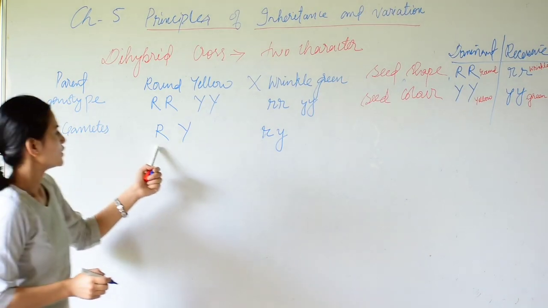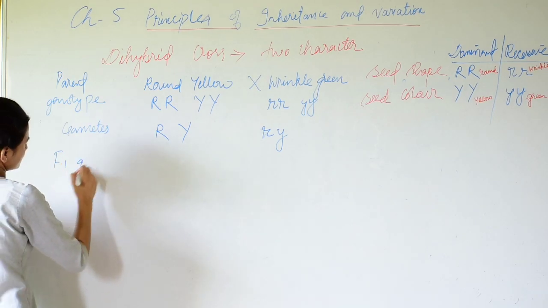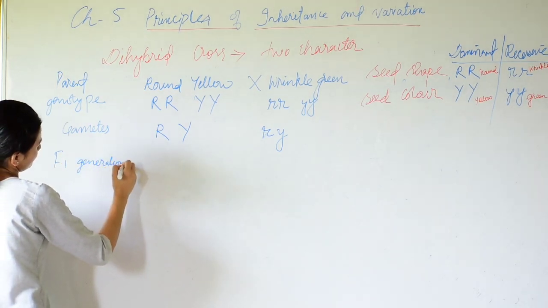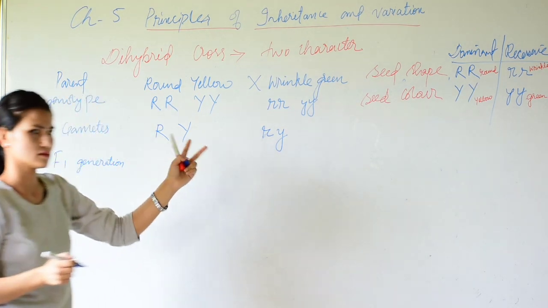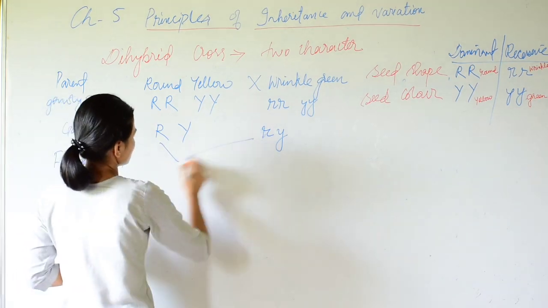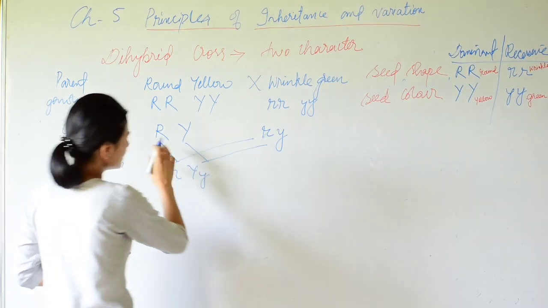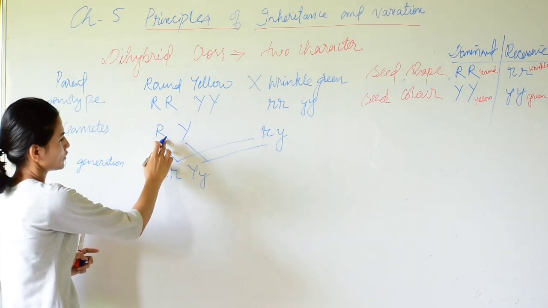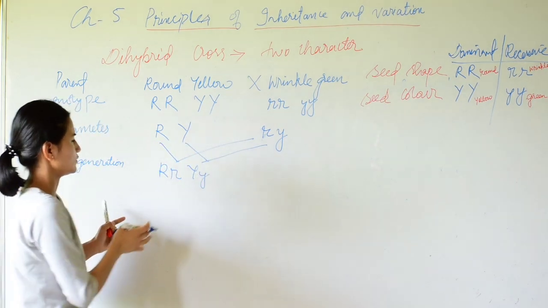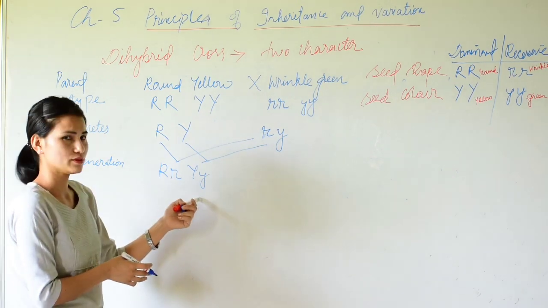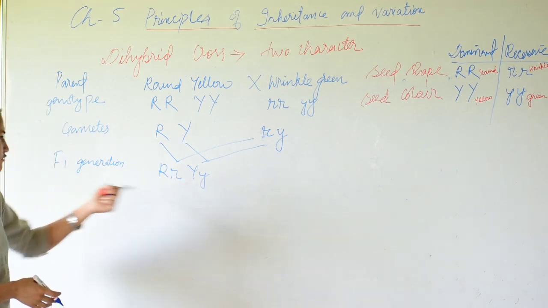So now we will find out the F1 generation. To get the F1 generation, we just make a simple cross of these two, that is capital R, capital Y, small r, small y. In order to avoid repeating it, let's make it simple: capital R, small r, and capital Y, small y. This is the F1 generation.